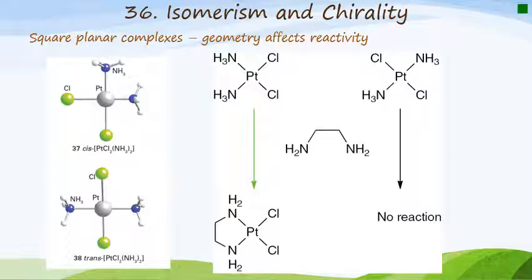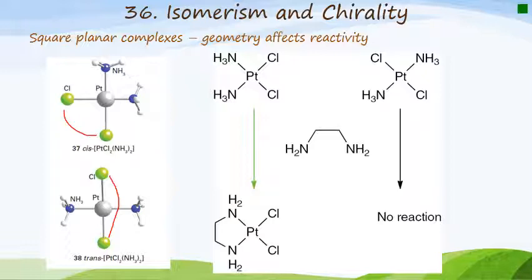Now, the cis and trans geometries often affect reactivity. So if we looked at cisplatin, this is cisplatin, and this one is transplatin. It's a very common cancer chemotherapeutic drug.